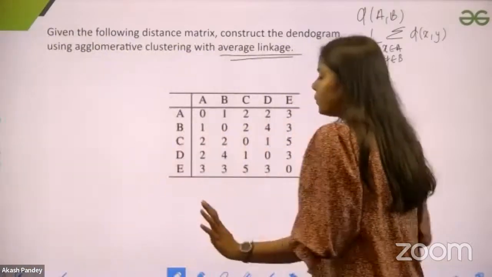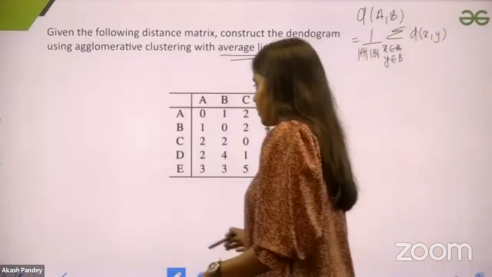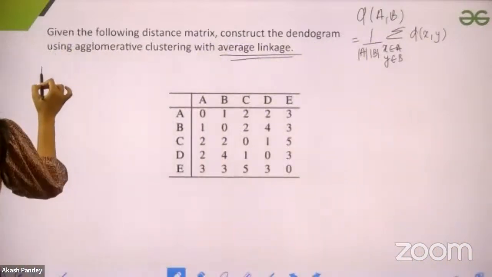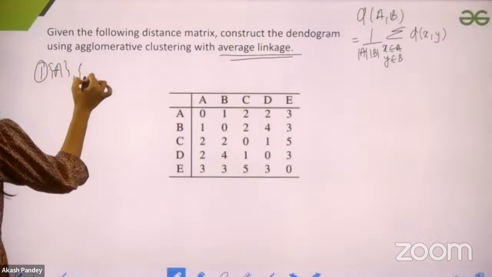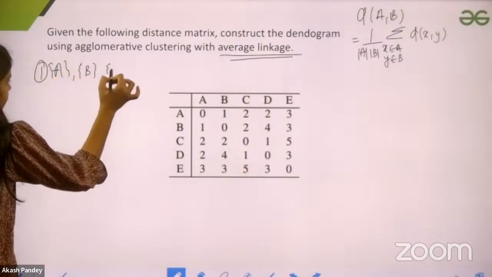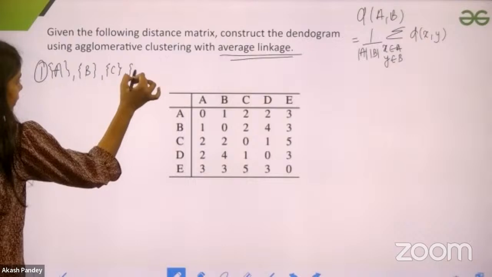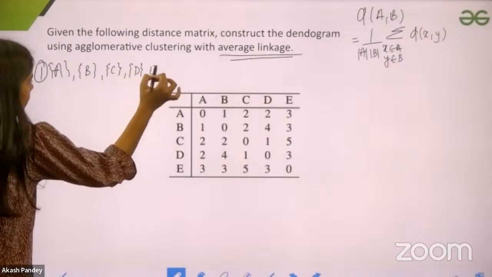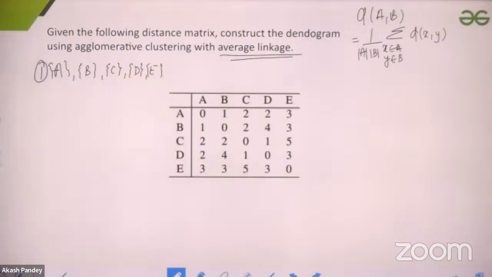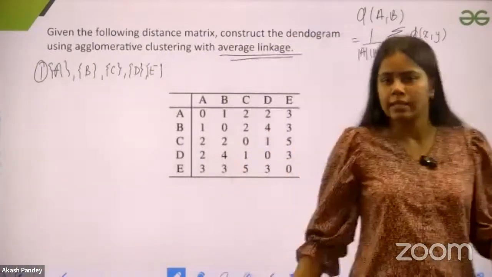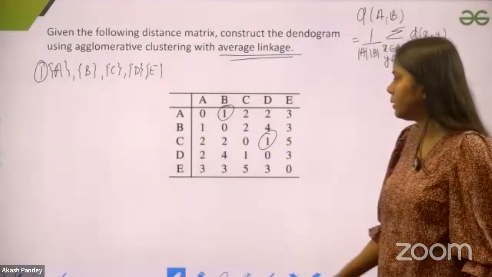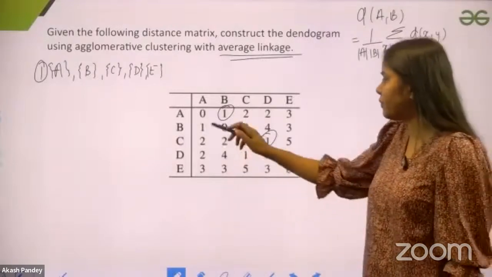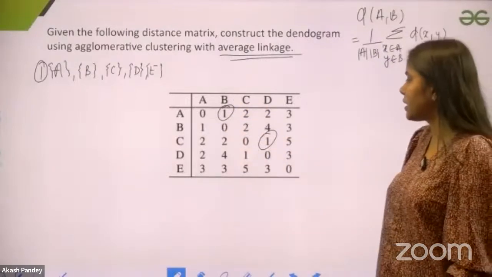First of all, you would take each of the points as a single cluster. That means the first set of clusters would be A, B, C, D, and E. Now if you look at the minimum distance, the minimum distances I have here are these two. The distance between A and B is 1 and the distance between C and D is 1.